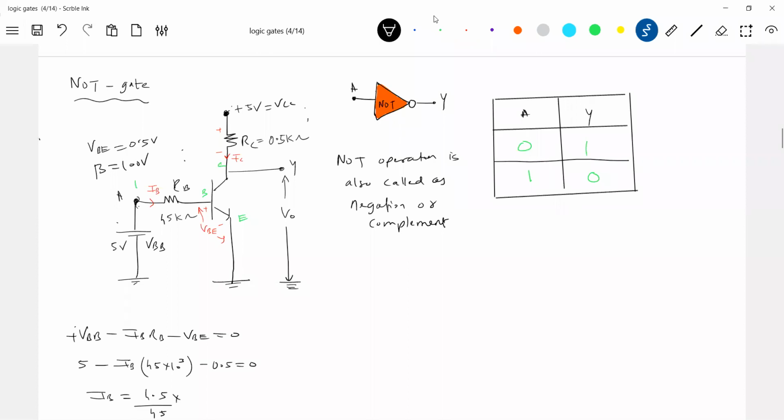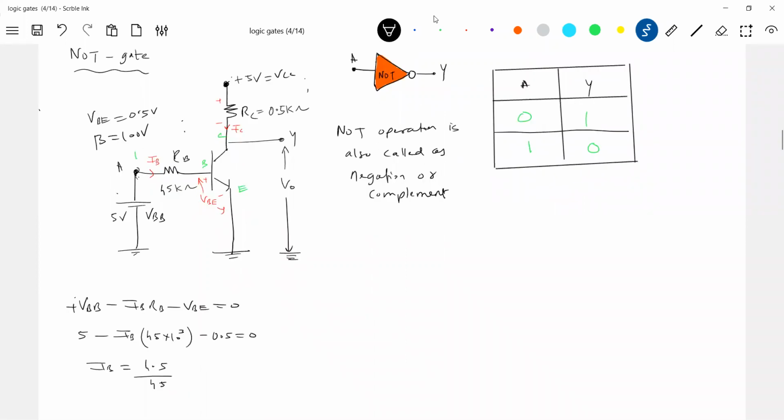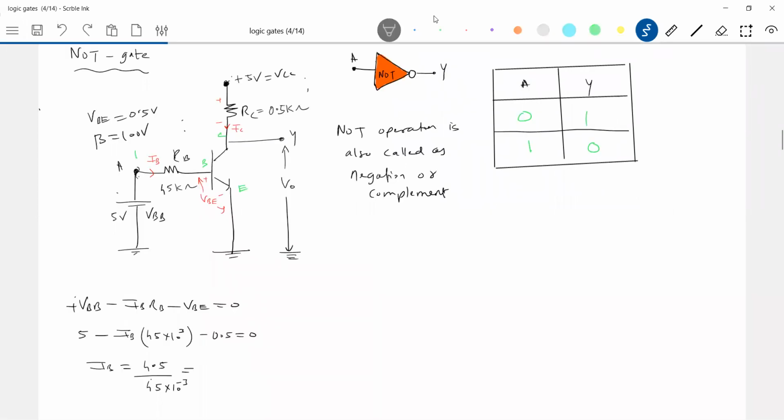This will be in milliampere. Anybody have the value of this? Forty-five, 0.1 milliampere, I think. Yeah. Okay, this is the value of IB.